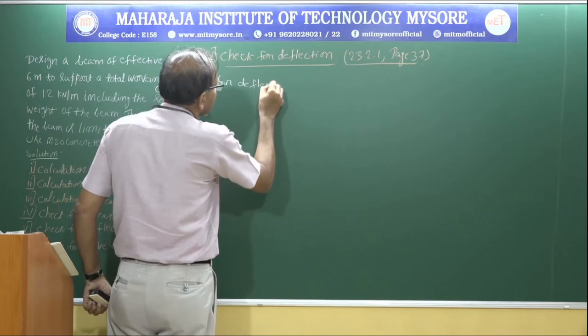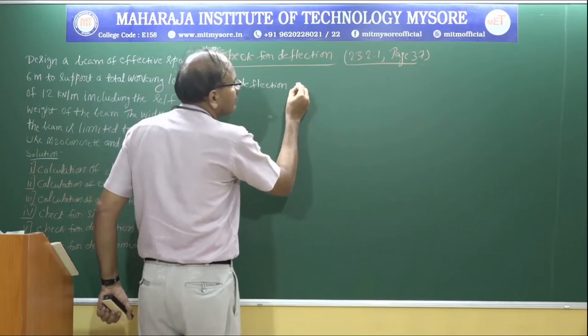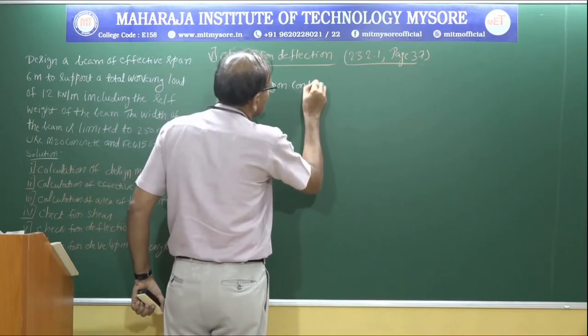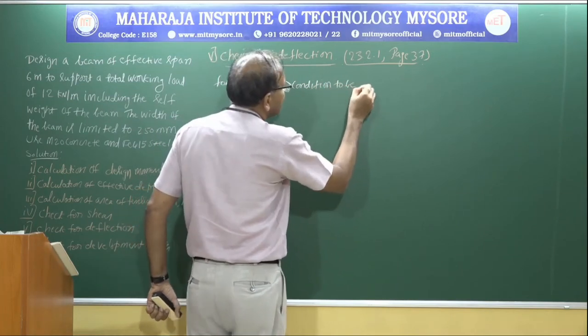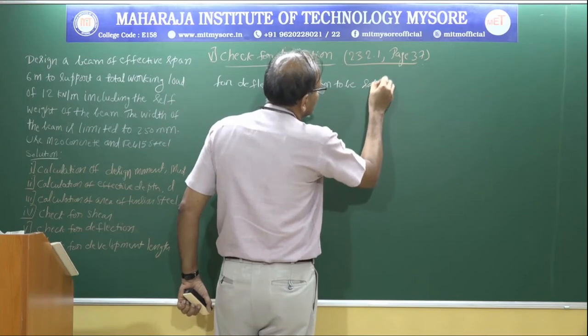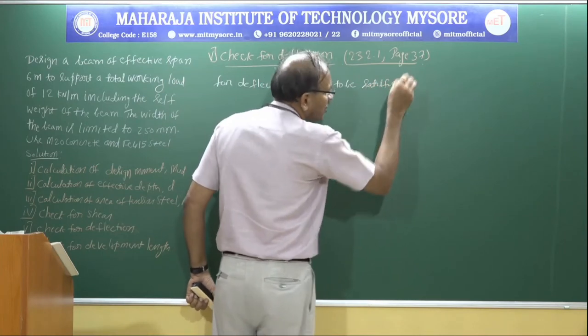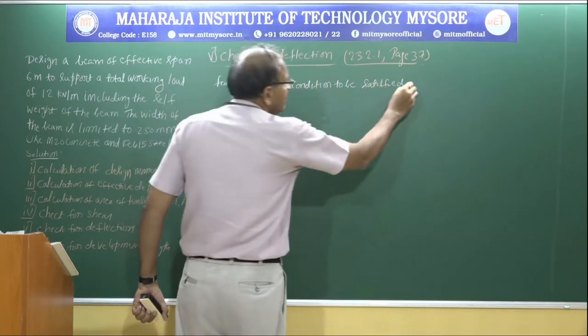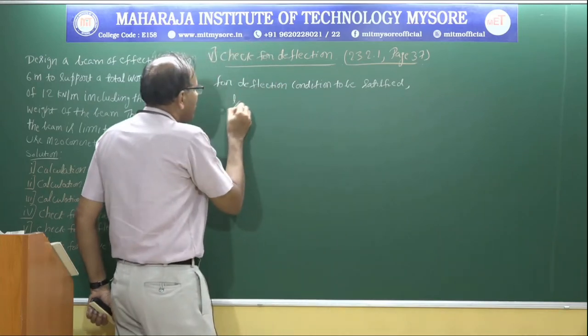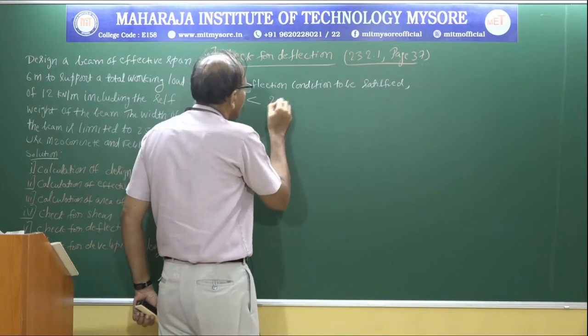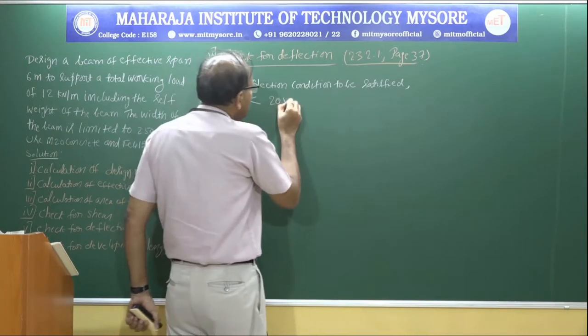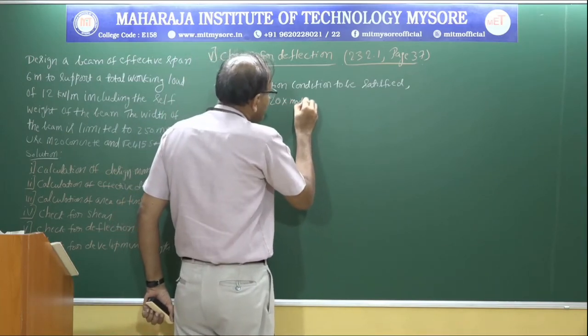for the deflection condition to be satisfied, the L by D ratio should be less than 20 multiplied by the modification factors.